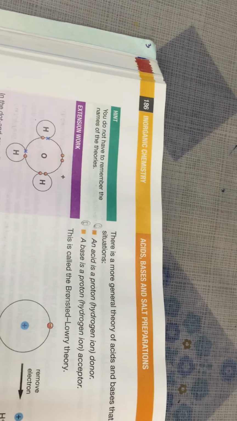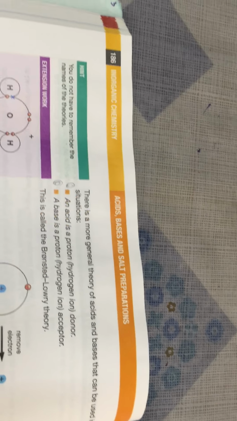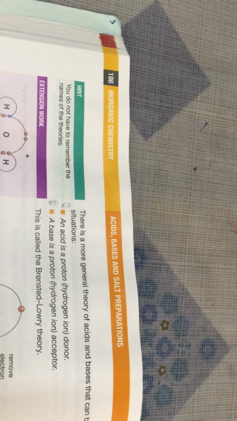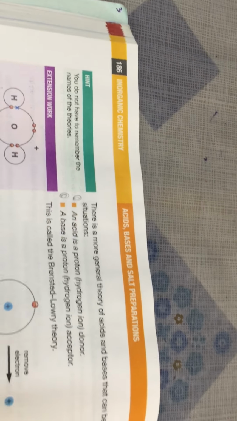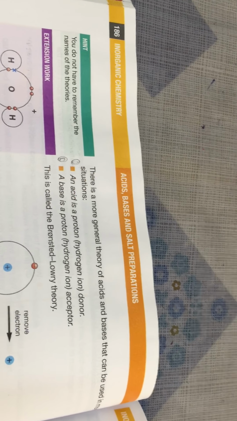We have theories explaining acids and bases, and I'll give you information about them. We have the Arrhenius theory. He explained that all acids contain hydrogen ions, and he said all bases contain hydroxide ions, OH negative.